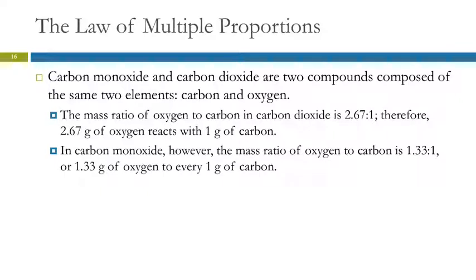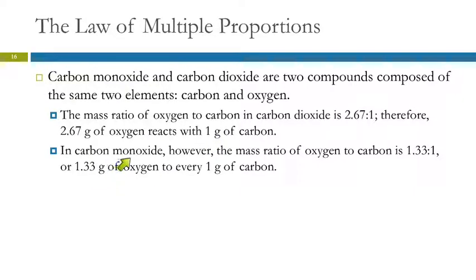So for example, carbon monoxide and carbon dioxide. 2 different compounds just containing carbon and oxygen. The mass ratio of oxygen to carbon in carbon dioxide is 2.67 to 1. So we could say that 2.67 grams of oxygen would react with 1 gram of carbon.